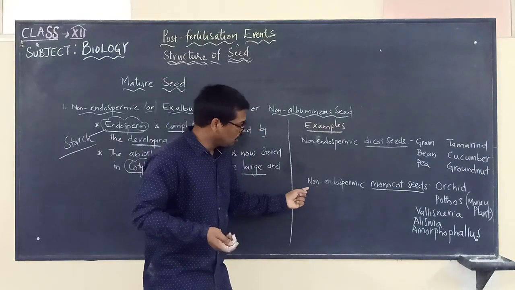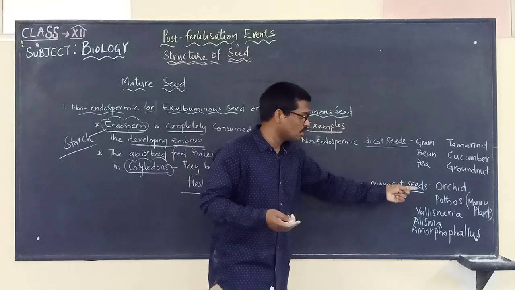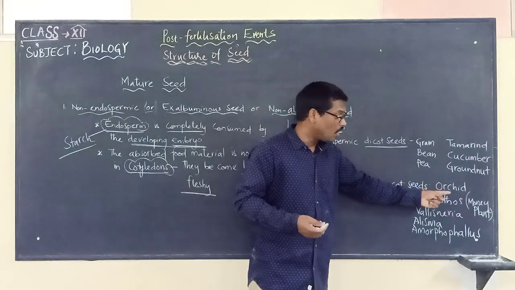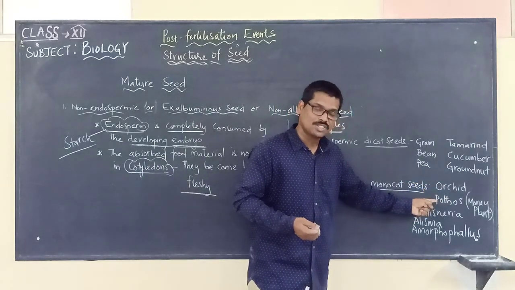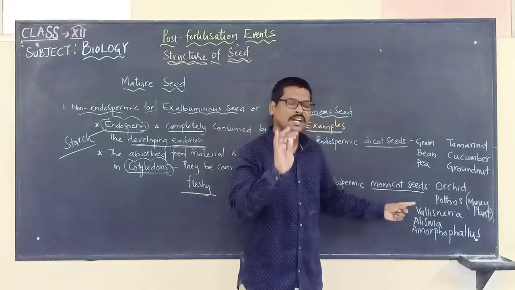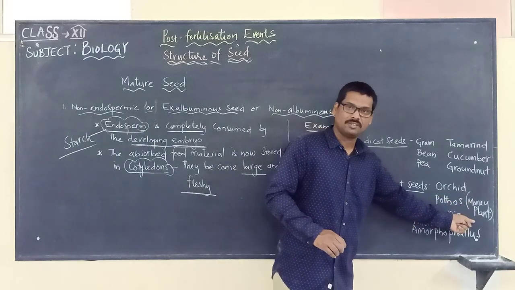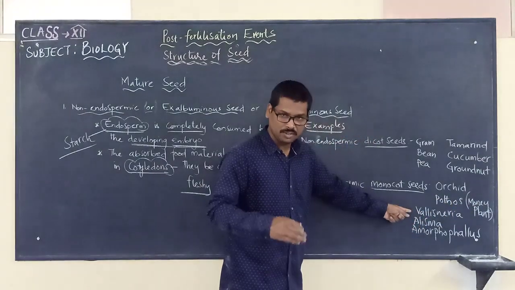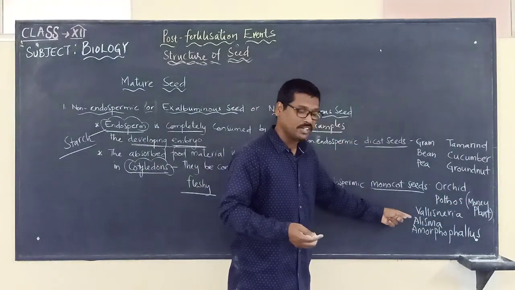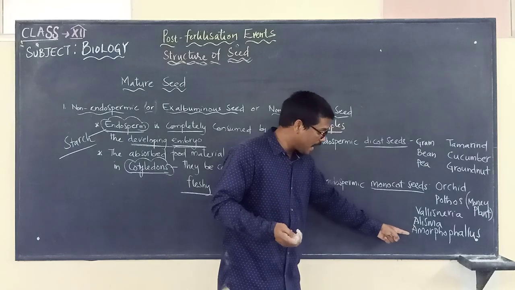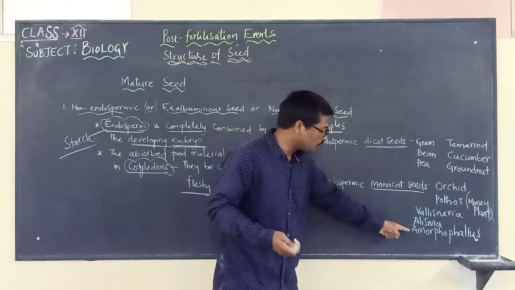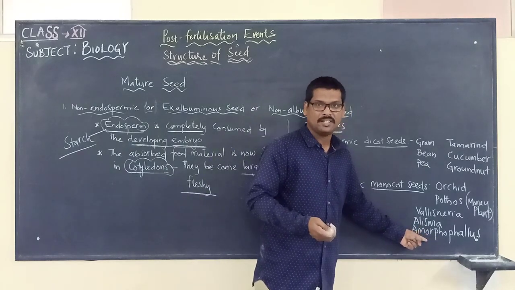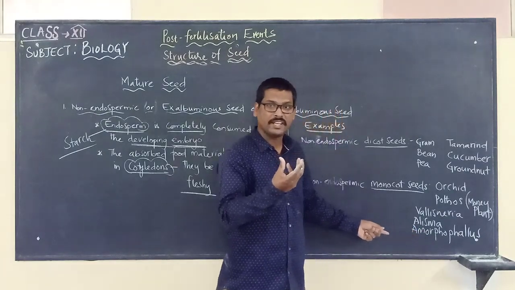Here, among non-endospermic monocot seeds, we have orchids, pothos, whose common name is money plant, Vallisneria, which you studied as an aquatic plant, Alisma and Amorphophallus, which you also studied, bearing the biggest flower.